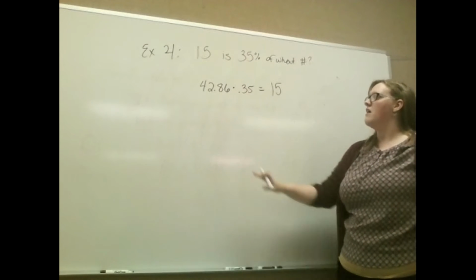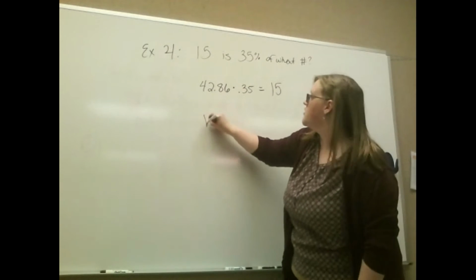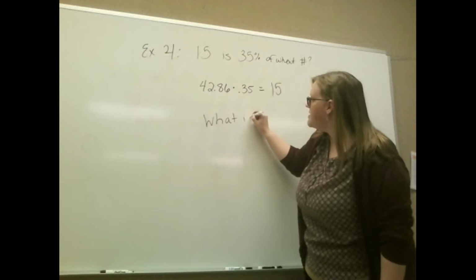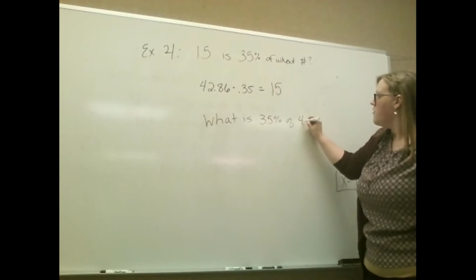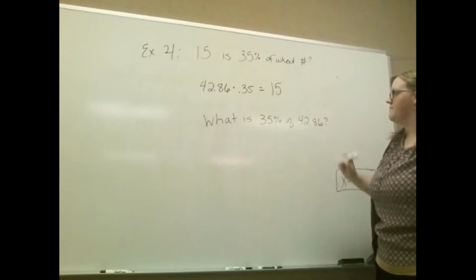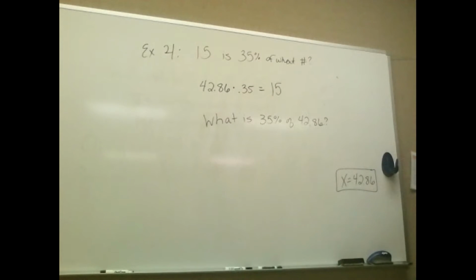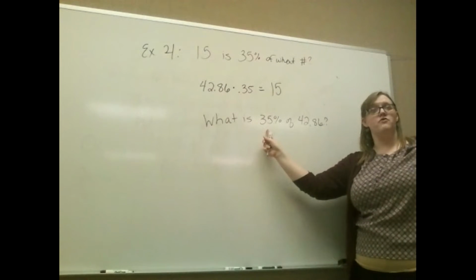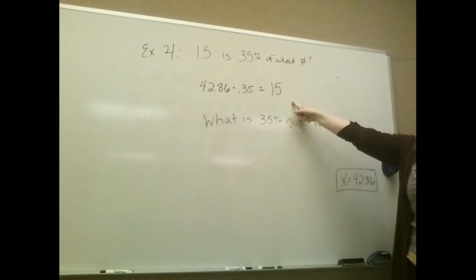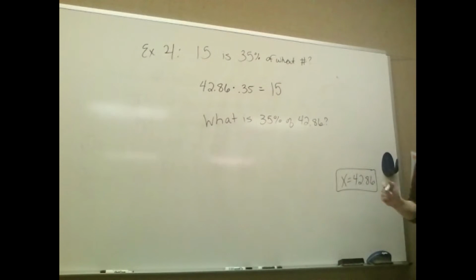So if I was to change the question and say, what is 35% of 42.86? What I do is I take 42.86, multiply it by the decimal form of our percentage, and that gives me 15.